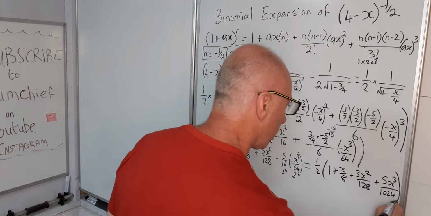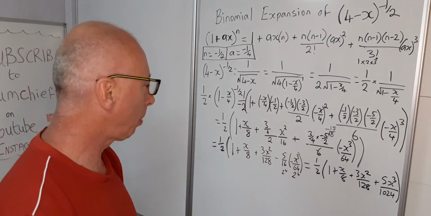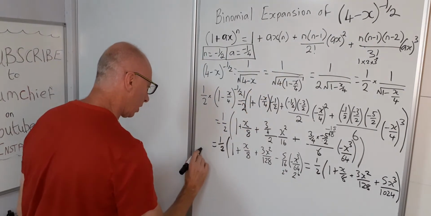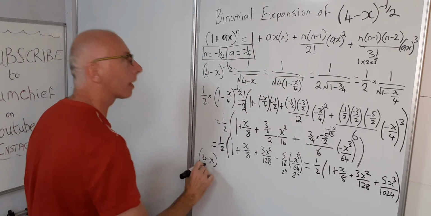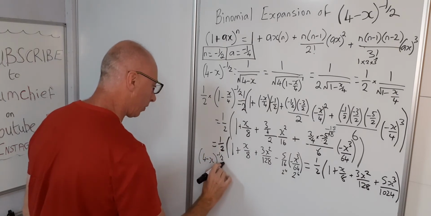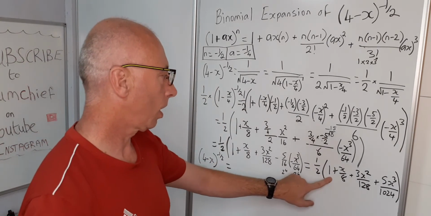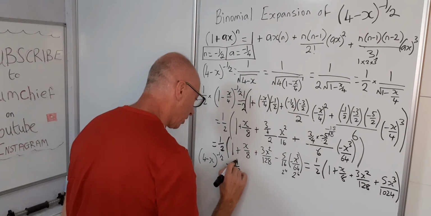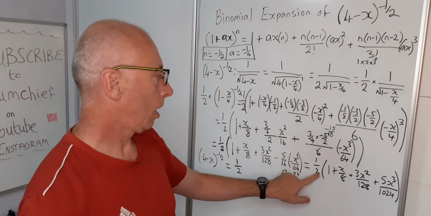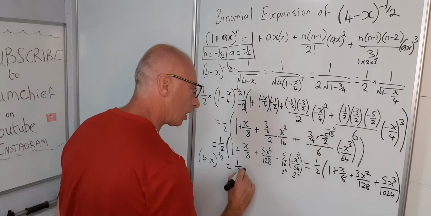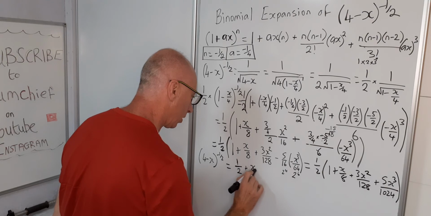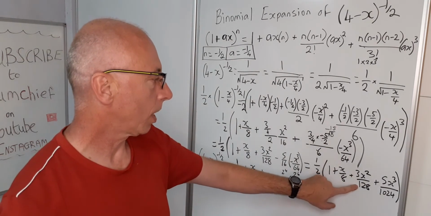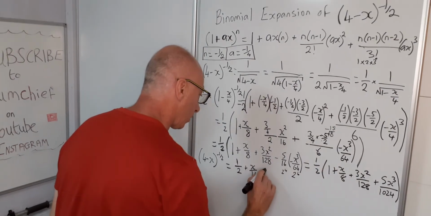Okay. So now we're just going to multiply through by 1/2. So our answer for this, if I just write this down here, 4 minus x to the power of minus 1/2 is equivalent to 1/2 times 1, which is 1/2. 1/2 times x over 8 is x over 16. 1/2 times 3x squared over 128 is 3x squared over 256.